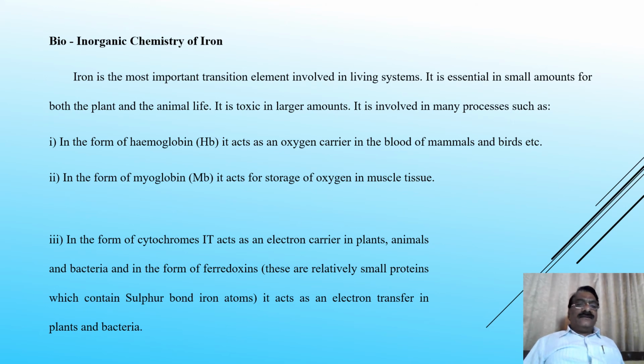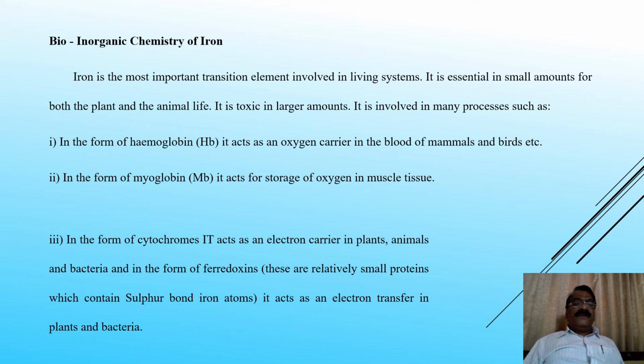Bio-inorganic chemistry of iron. Iron is the most important transition element involved in living systems. It is essential in small amounts for both plant and animal life. It is toxic in larger amounts. It is involved in many processes such as, first, in the form of hemoglobin, it acts as an oxygen carrier in the blood of animals and birds.